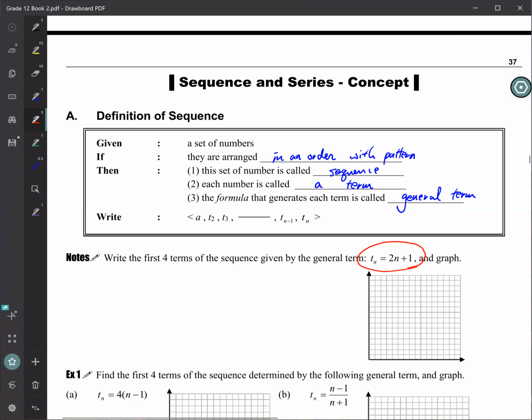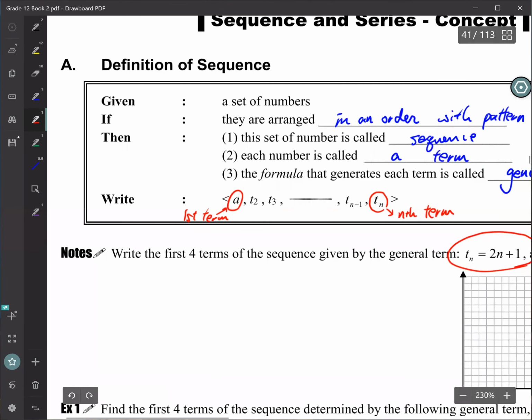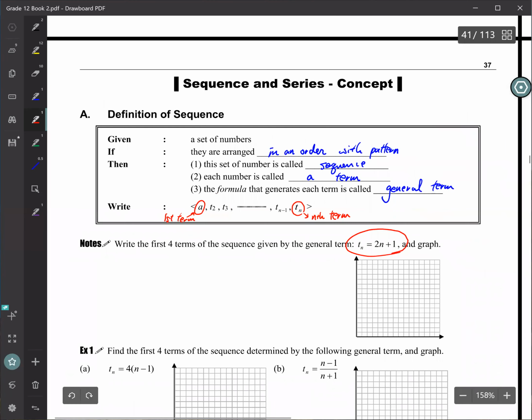Tn represents the term at the nth place, so it's the nth term. Usually they use a to represent the first term. And T2 is not T times 2, it represents the second term. So this should be a review. You've seen the symbols before.